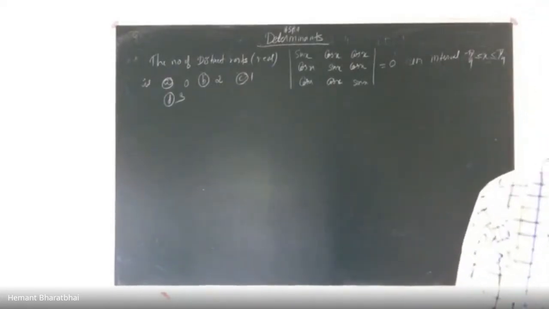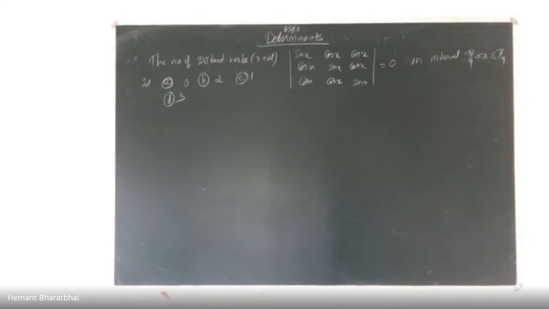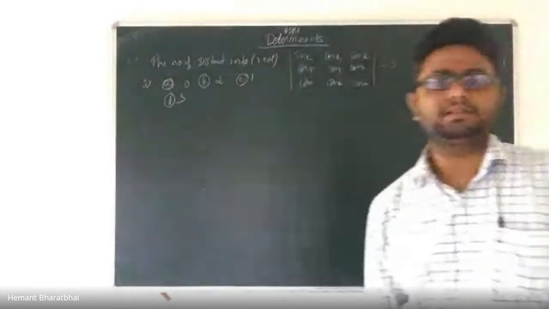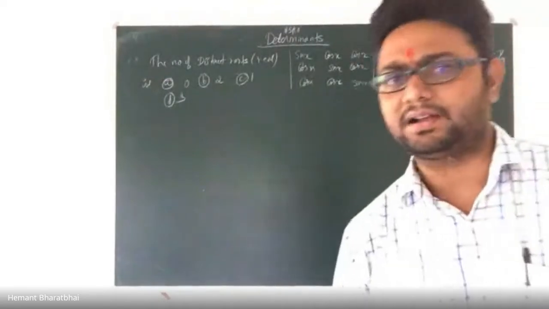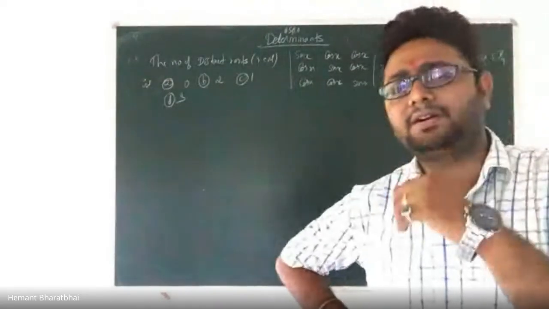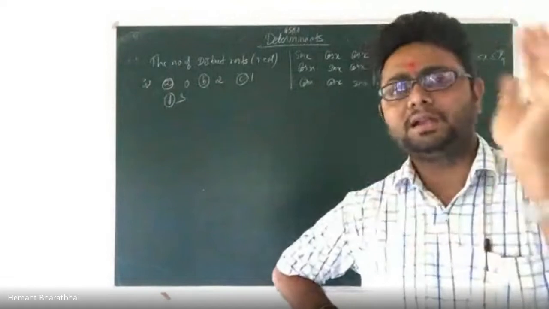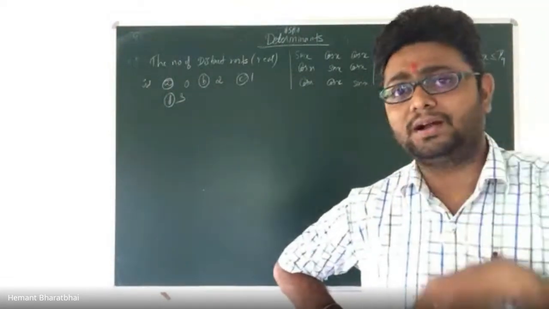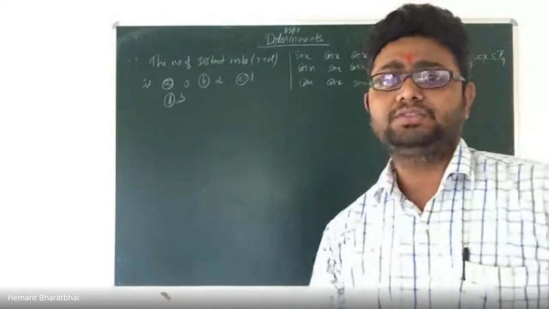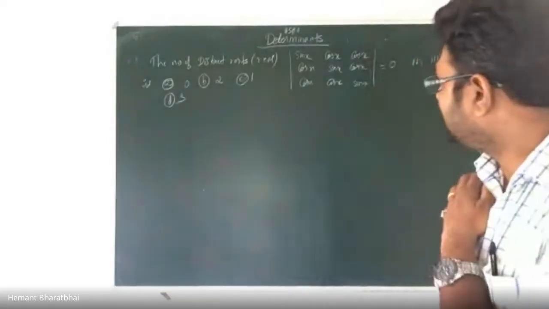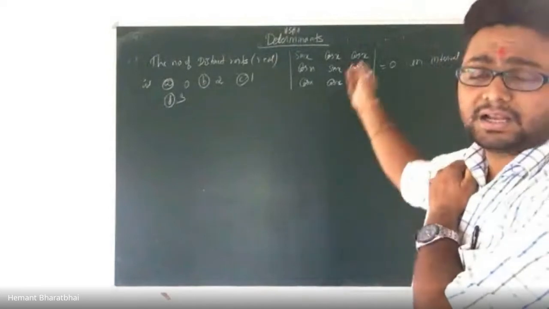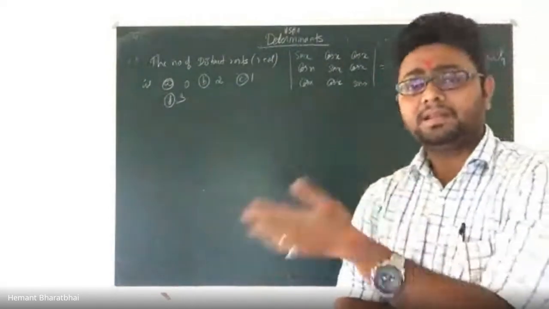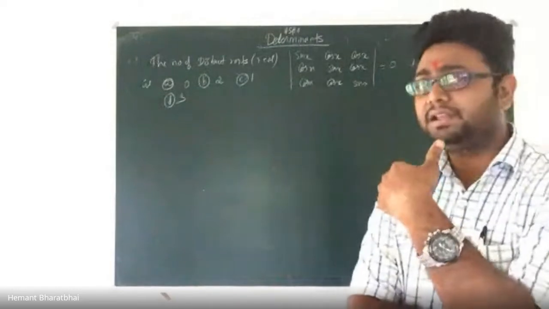So in all determinant numericals, any type of determinant questions, our focus should be on somehow getting ones and zeros. If we are getting 1 and 0, then finding the determinant becomes easy and solving them also becomes very easy.